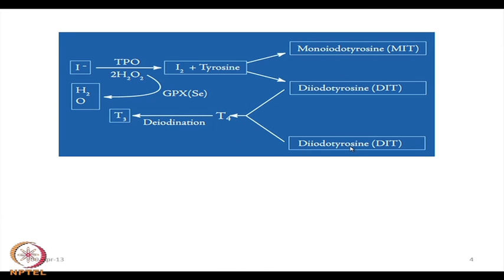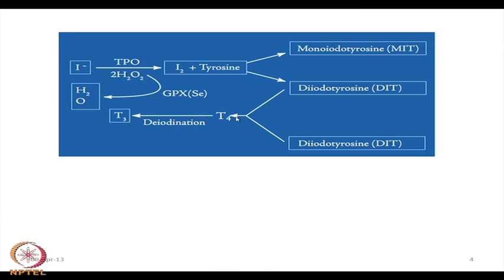When one DIT and one MIT react with each other, the monoiodotyrosine and diiodotyrosine, we get T3 directly.